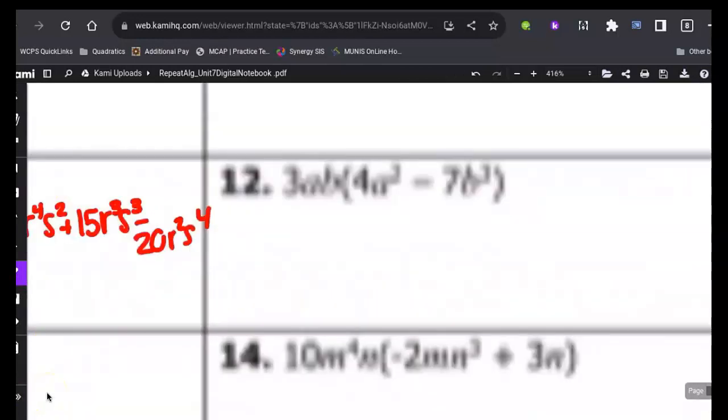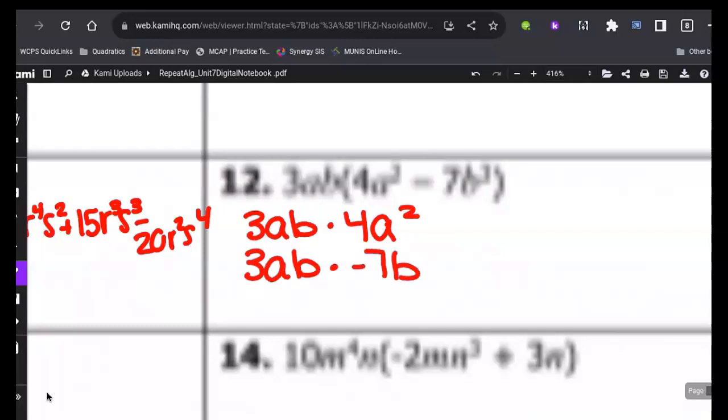So for number 12, we're going to distribute our first term. So 3ab times our 4a to the second, and then we'll distribute the 3ab times the second term, which is negative 7b to the third power. So again, we're going to multiply the coefficients. 3 times 4, which is 12.